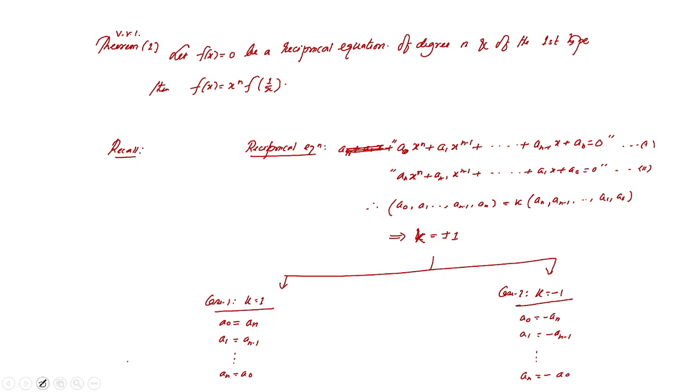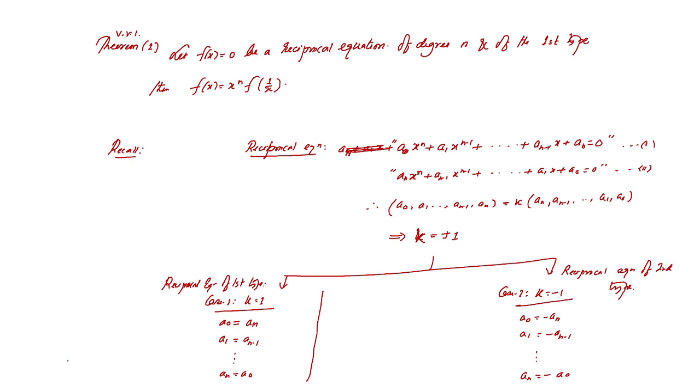So in case 1, it is called a reciprocal equation of first type. If k equals minus 1, this is called a reciprocal equation of second type.